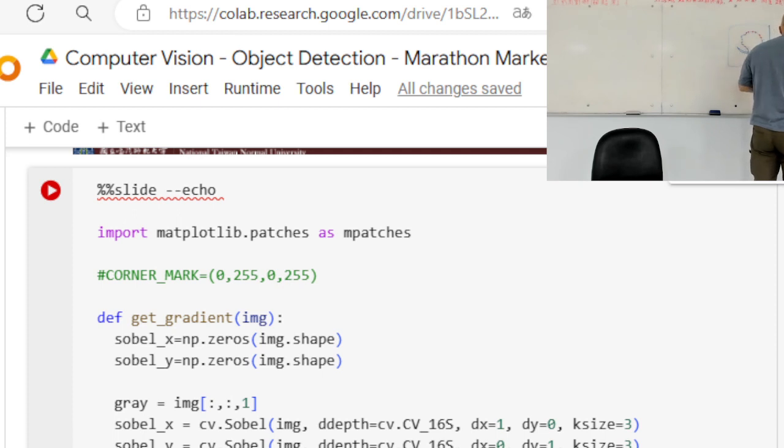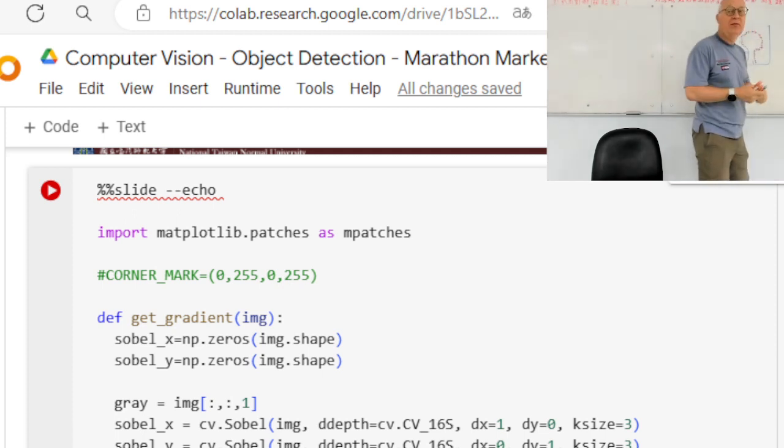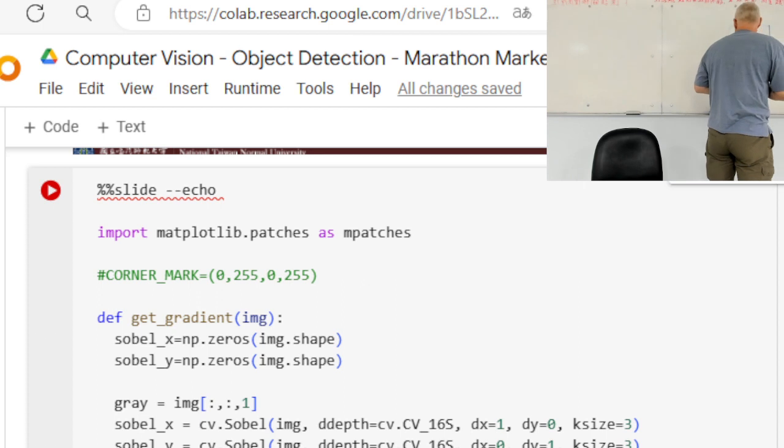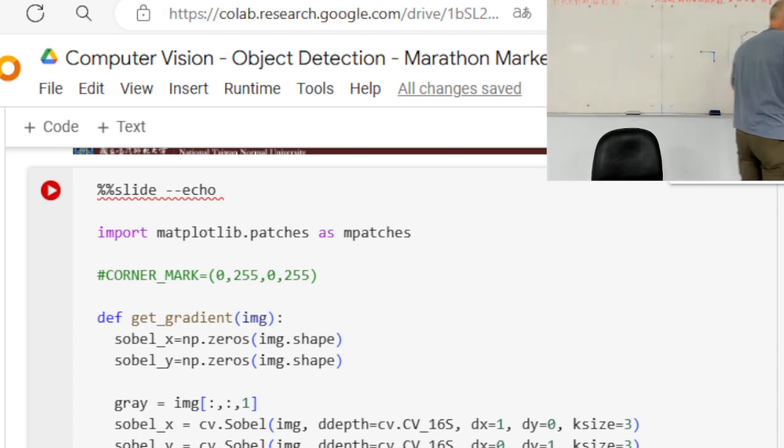So that basically means for every pixel I now have two vectors pointing in the X and Y direction, telling me the first derivative of the image function in those directions.